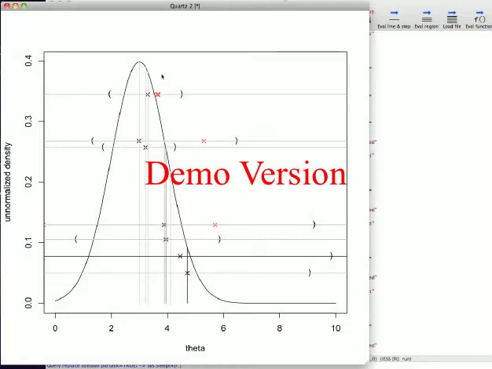And the whole point of this scheme is that your sampling points proportional to the areas of this curve.